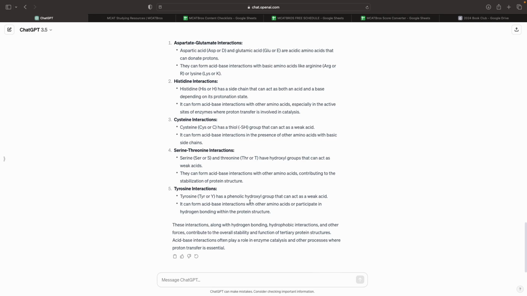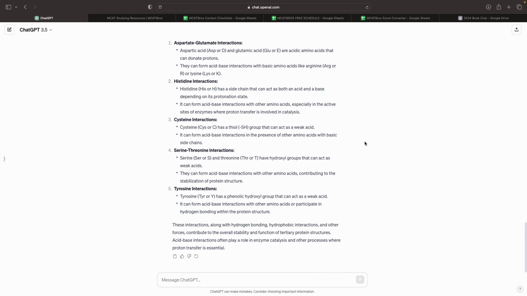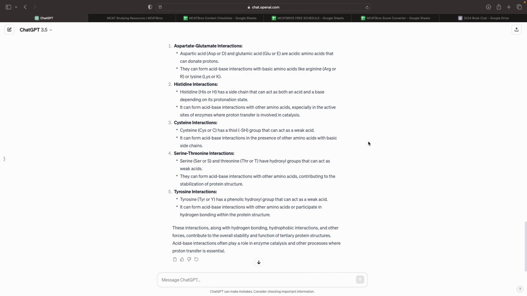It can form acid-base interactions with other amino acids or participate in hydrogen bonding within the protein structure. These are super important for the MCAT and we'll definitely get questions on them.